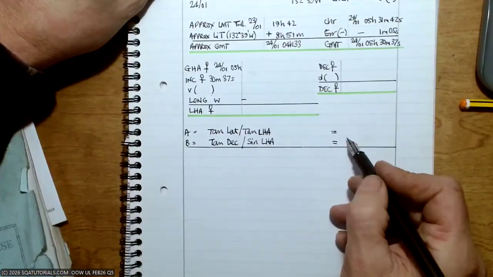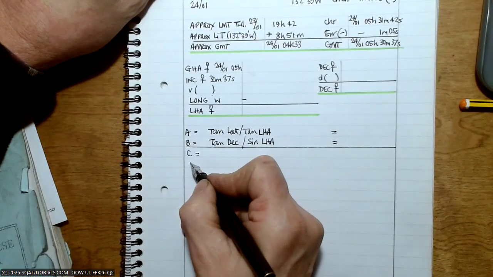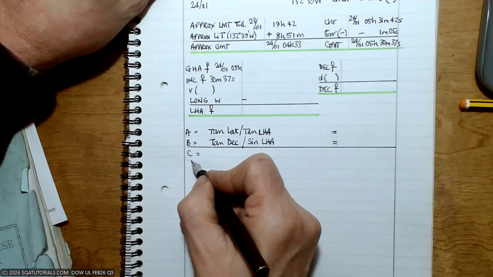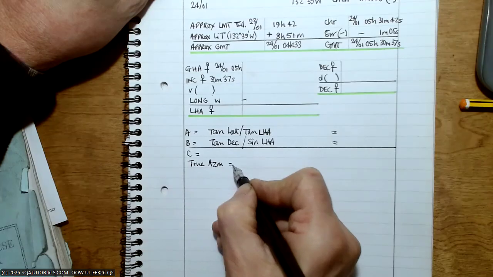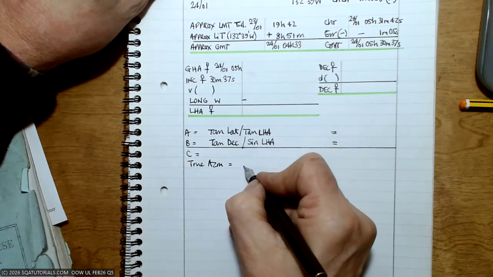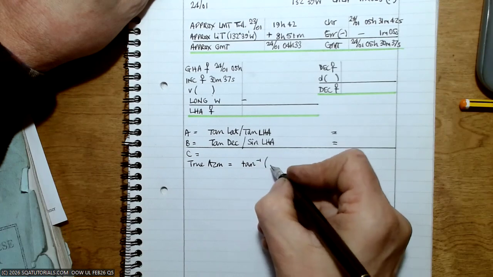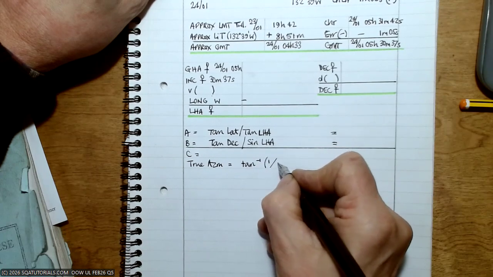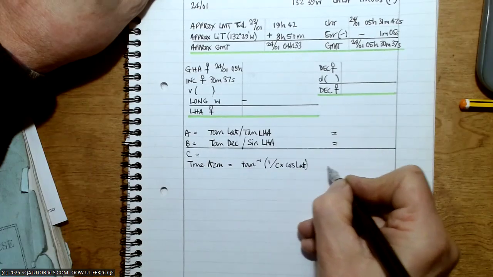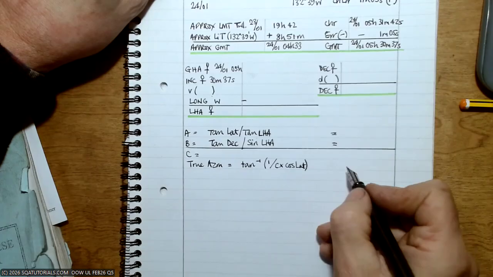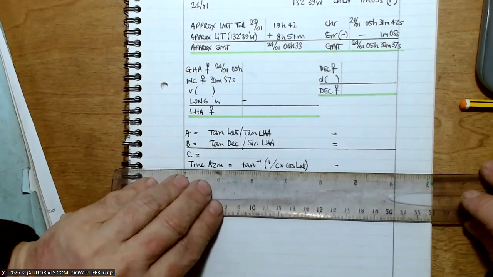The algebraic sum of these two is going to give me my C value, and then my true azimuth is going to be the arctan of 1 divided by C times the cosine of the latitude, and that'll give us a value in quadrantal notation.